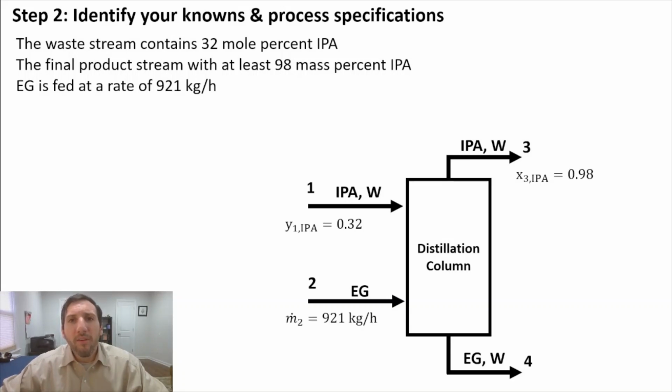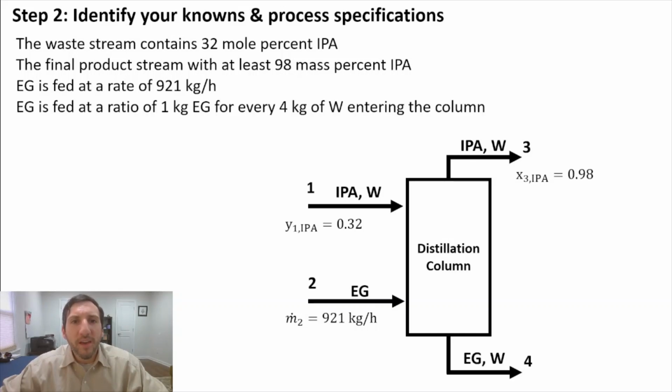And then the final piece of information I had was that ethylene glycol is fed at a ratio of 1 kilogram ethylene glycol for every 4 kilograms of water entering the column. So in this scenario, let's first identify which streams we're relating.